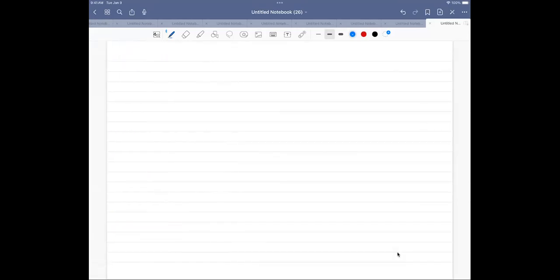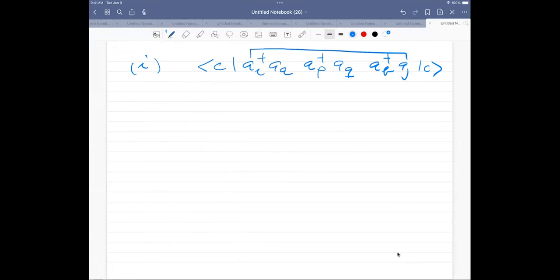So the first one which we get now is a contraction between ⟨C| and my a_i† a_a. So this is the bra side of the one particle, one hole excitation. And then I take the one body operator, a_p† a_q, and then I have my a_b† a_j |C⟩. So one possible contraction here is simply that this contracts with that, and then this with this one, and that with that one.